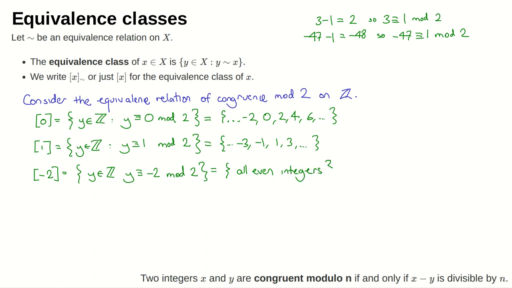And now something interesting has happened, because two distinct integers have the same equivalence class under our equivalence relation. This is the same as the equivalence class of 0. And I think it's not so difficult to convince yourself that this will also be equal to the equivalence class of any other even integer.